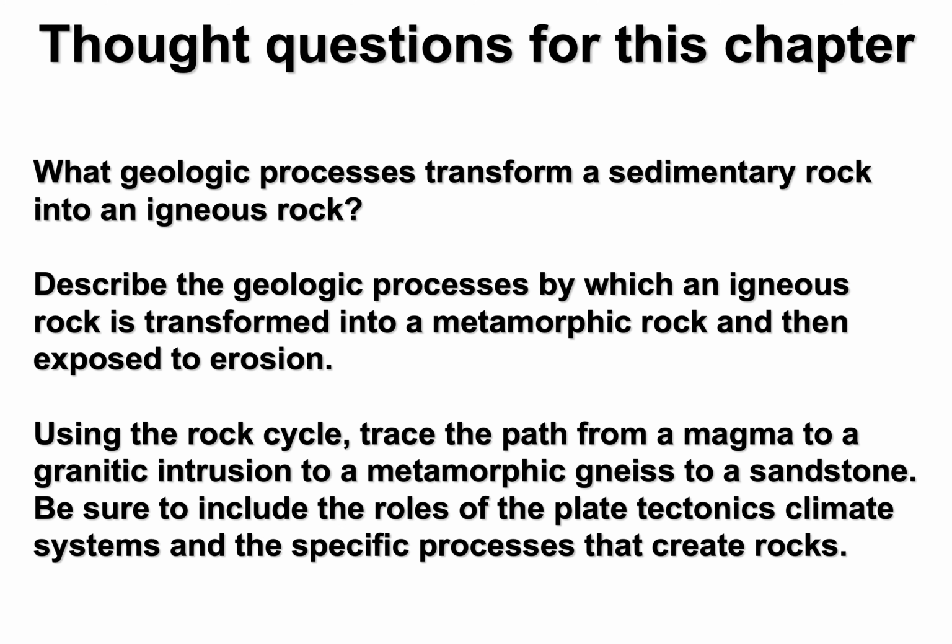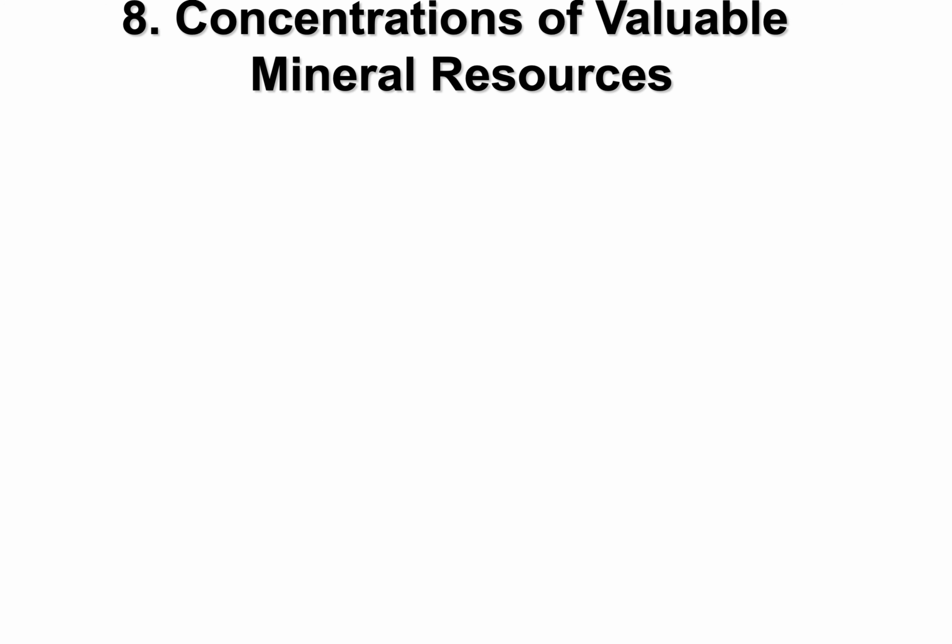Number 3, using the rock cycle, trace the path from a magma to a granitic intrusion to a metamorphic gneiss and to a sandstone. Be sure to include the roles of plate tectonics, climate systems, and the specific processes that create rocks. Please, if you can do that, send it back to me.